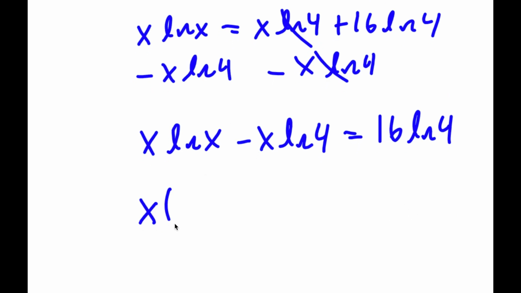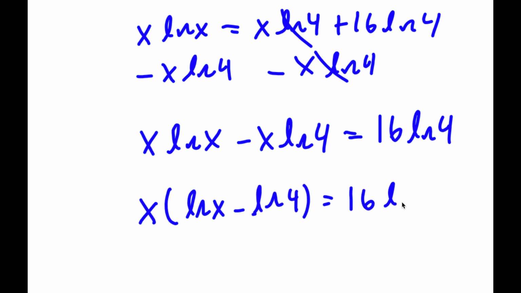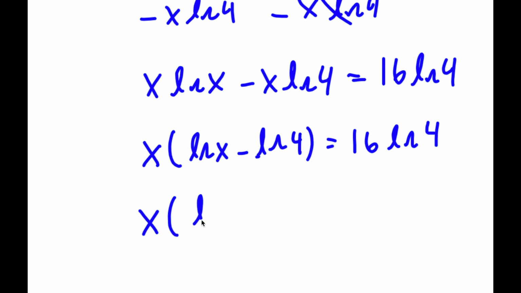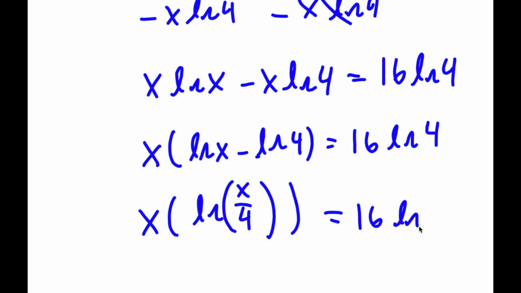Now I can go ahead and factor out x from here, so I get x times (ln x minus ln 4) is equal to 16 times ln 4. Now ln x minus ln 4 is simply equal to ln of x over 4. So I have this is equal to 16 times ln 4.